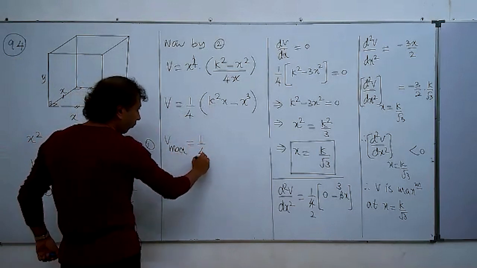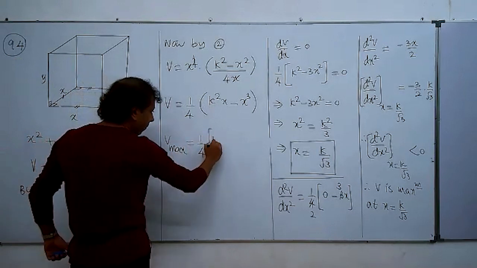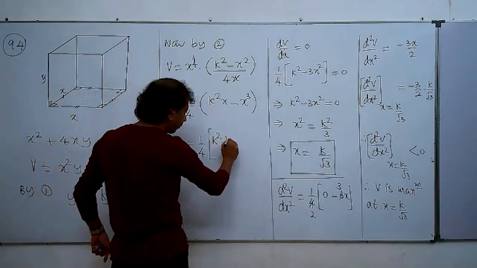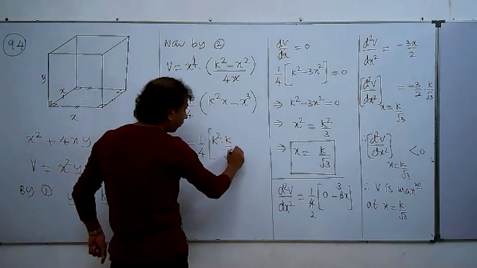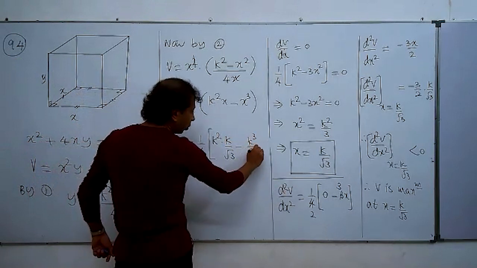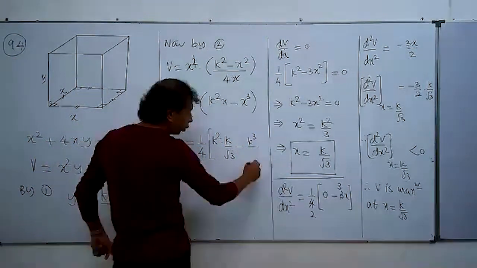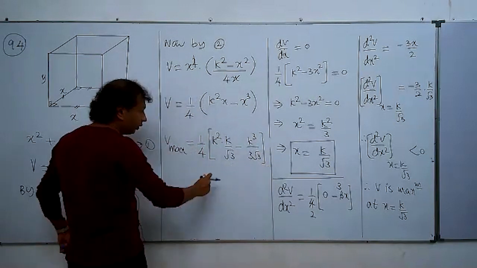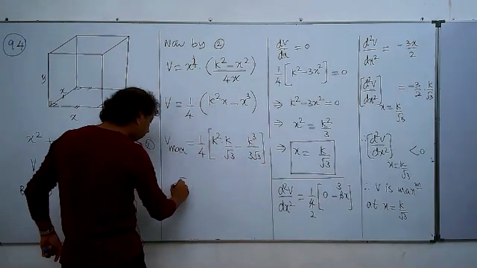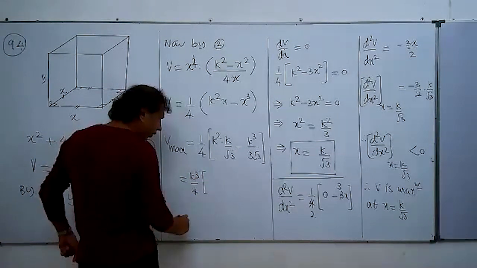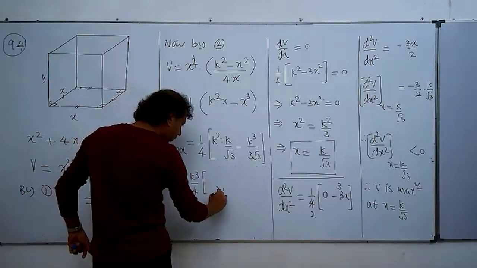V max equals 1 upon 4, k squared times x, that is k over root 3, minus x cube, where k cube upon root 3 cube means 3 root 3. This k cube I can take out. We will take 3 root 3 as a common denominator.